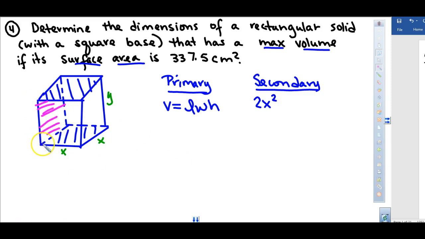One side would be x times y because that's y, that's x. So one side is x times y, but there are 4 of those. So that's how you get that equation. Put it all in the same color. So this was my 2 bases. They were x squared each, and my 4 sides were x times y. So that's my area right there.